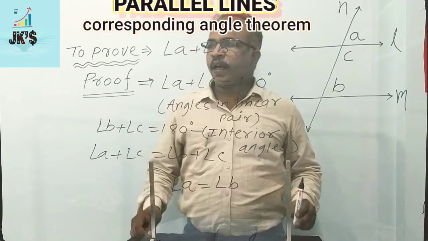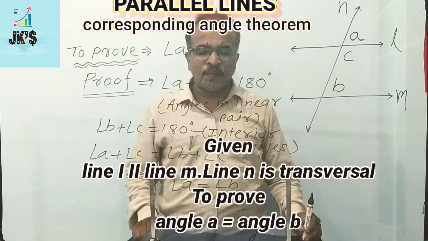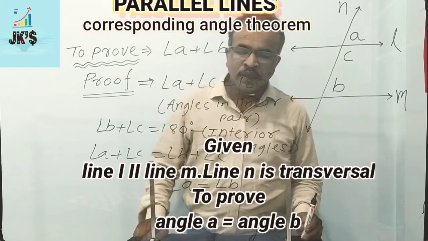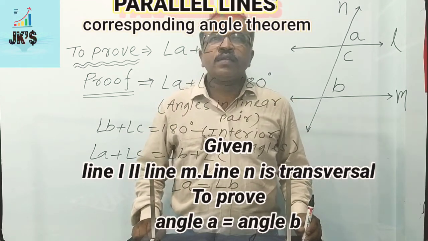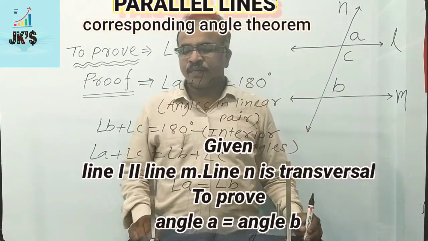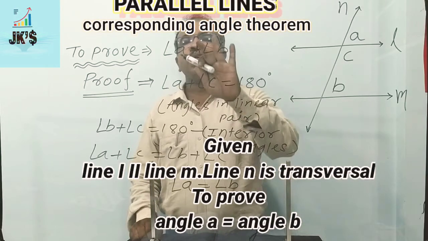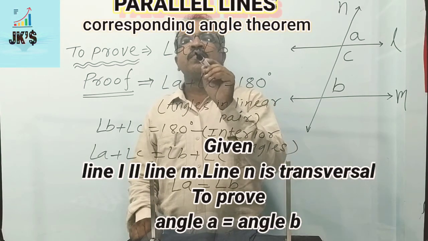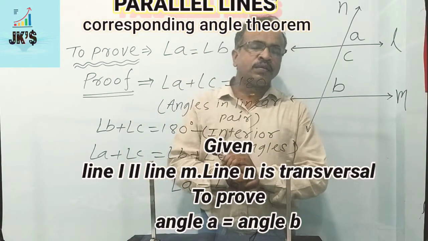The corresponding angles formed by a transversal of two parallel lines are of equal measure. What is given?